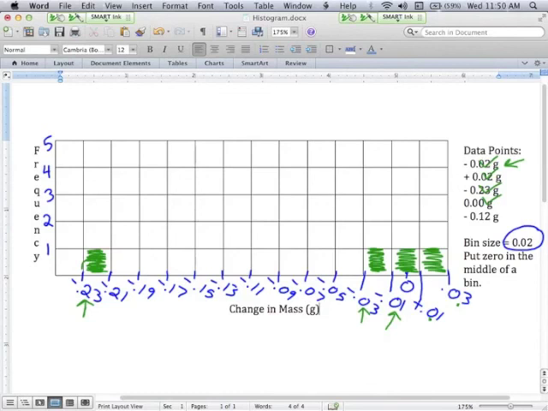Negative 0.12 grams. Where do you think it goes? Yes, it goes here. So you're going to keep going, coloring in one box per data point until you have a graph that shows you how many data points belong in each bin.